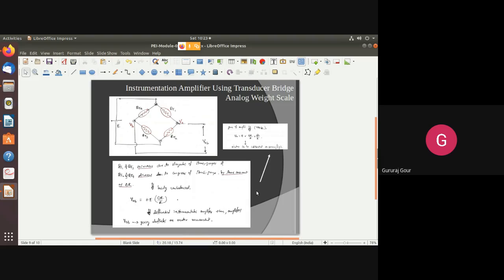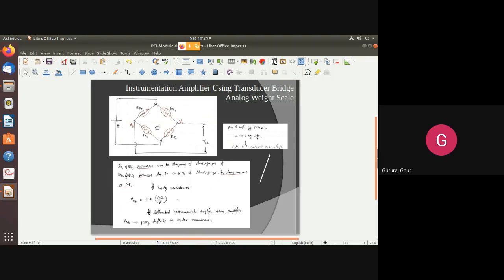So when we put the weight, we'll assume that RT1 and RT3 will increase, because we have seen yesterday that one pair of strain gauges will be elongated and another pair will be compressed.